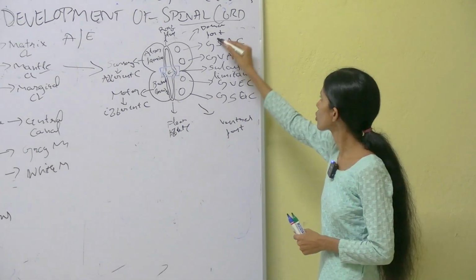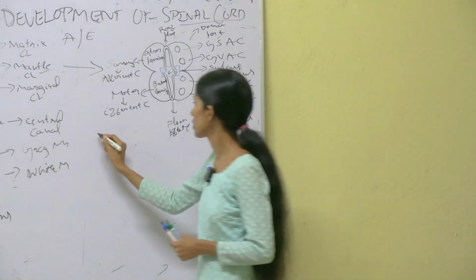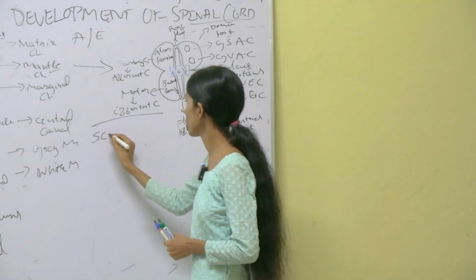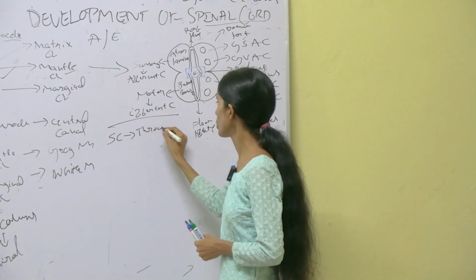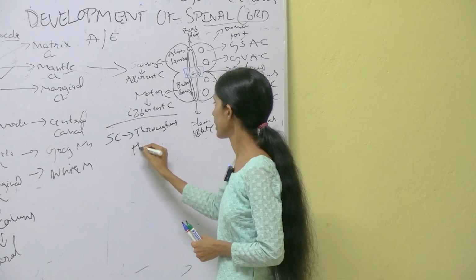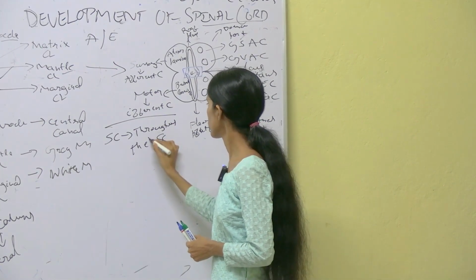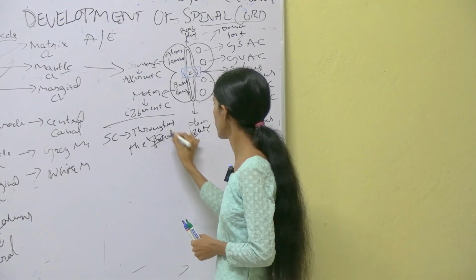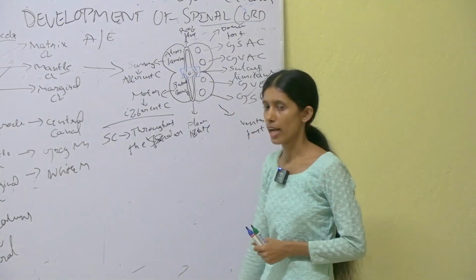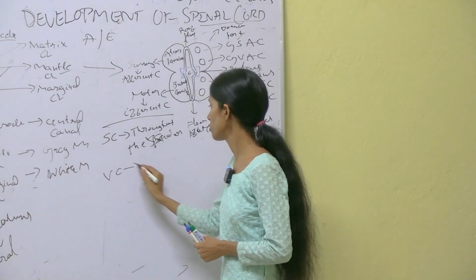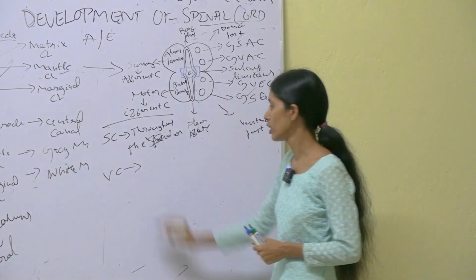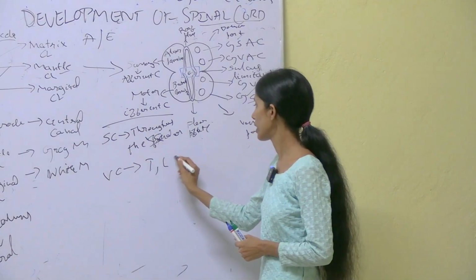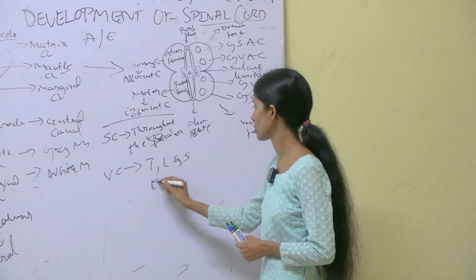Your somatic columns are present throughout the spinal cord. And your visceral columns are present only in the thoracic region, lumbar region and sacral regions.